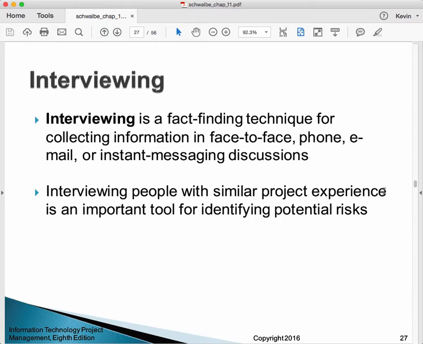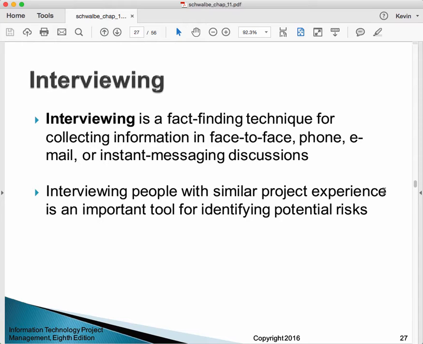Interviewing. Interviewing is a fact-finding technique for collecting information in face-to-face, phone, email, or instant messaging discussions. Interviewing people with similar project experience is an important tool for identifying potential risks.